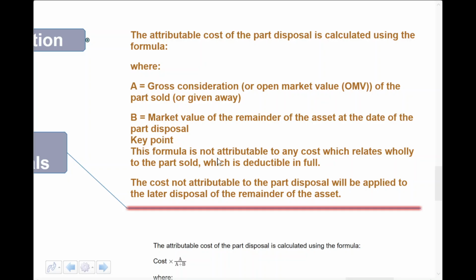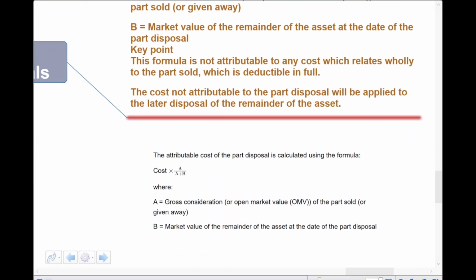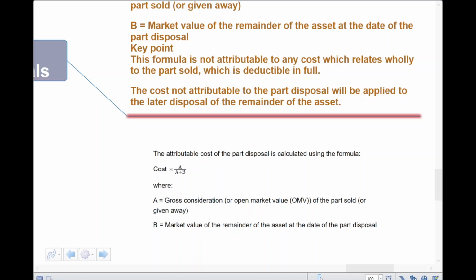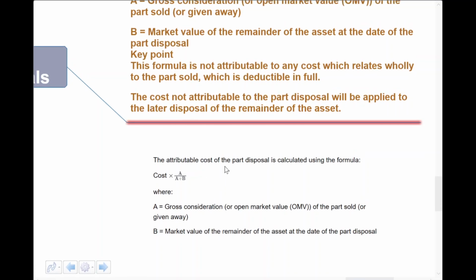Okay. Now, in terms of the formula, yeah, let me just make this slightly bigger. That'll do. Okay, so we have this little fraction. It says the attributable cost of a part disposal is calculated using the formula: the cost, i.e. the total original cost, times A over A plus B, where A is gross consideration of the part sold, B is market value of the remainder.